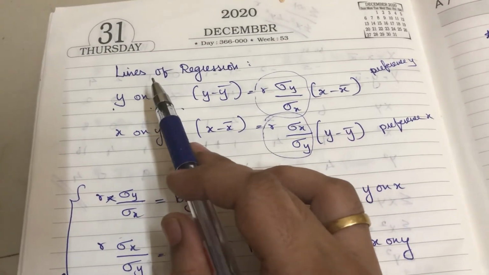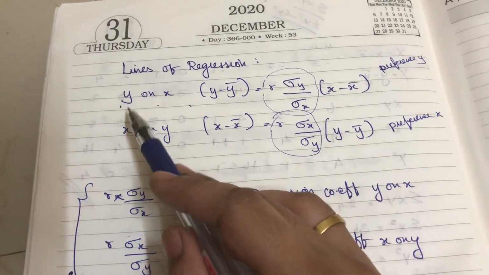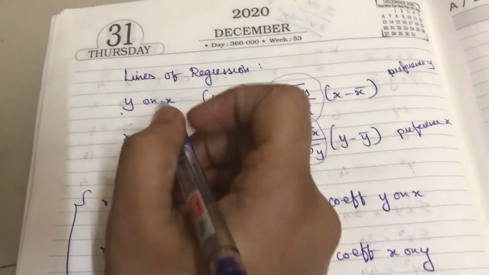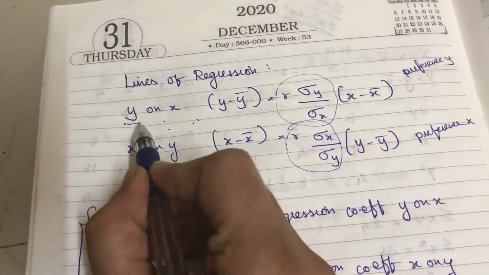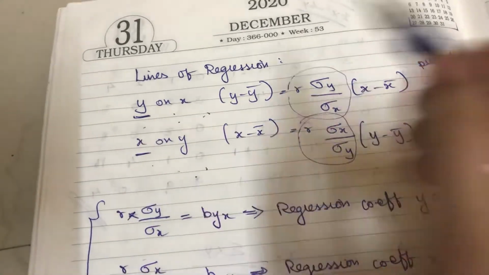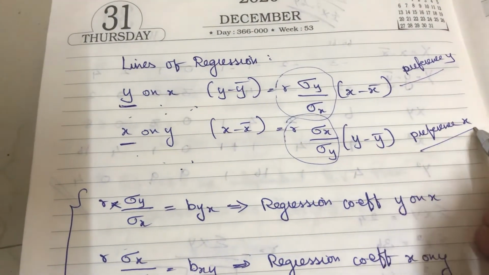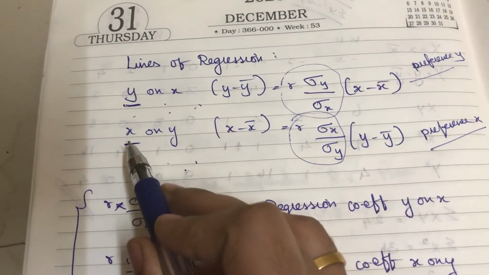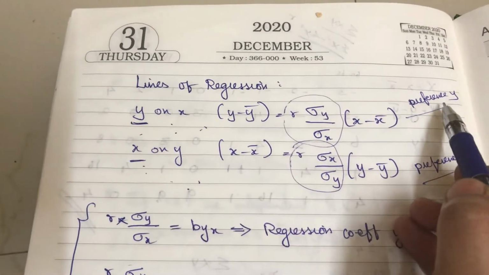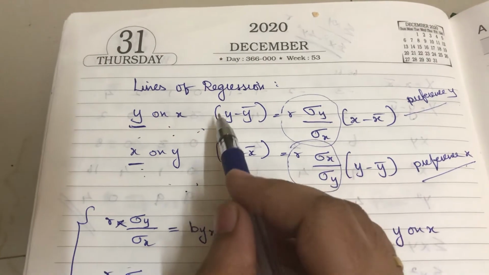Lines of regression. They have given two lines: y on x and x on y. Just remember, one starts with y and the other starts with x. If it is y on x, give preference to y, so first start with y.